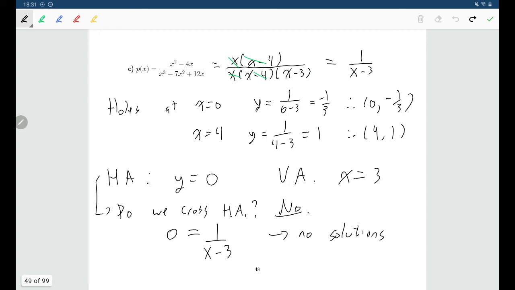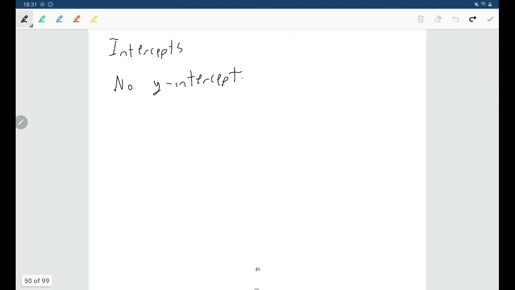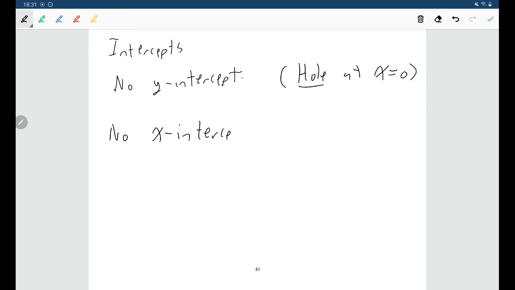The other reason why you know that there's no y-intercept is because when x is 0, you happen to have a hole in the graph. So again, 2 reasons that are really connected to each other: there's no y-intercept because we have a hole when x is 0. As far as the x-intercepts go, we have no x-intercepts either.